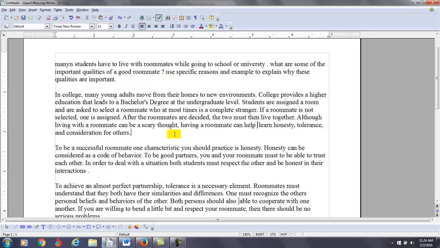And then I'm going to change this. Can help me learn honesty, got it.